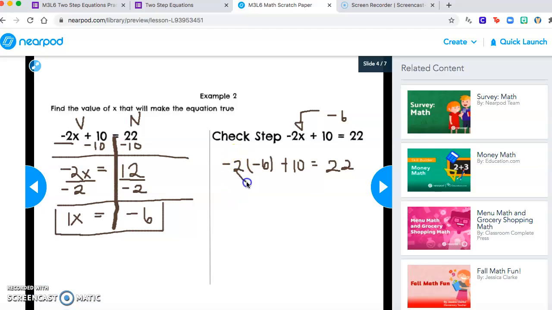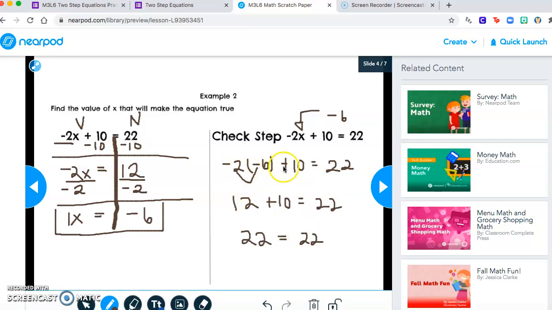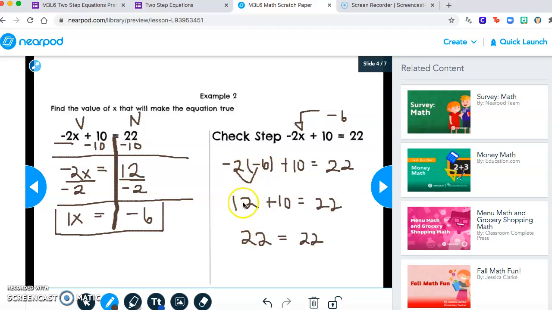So this is going to give me a positive 12 plus 10 equals 22. And here you get 22 equals 22. So remember, multiplying two negative numbers together gives you a positive number.